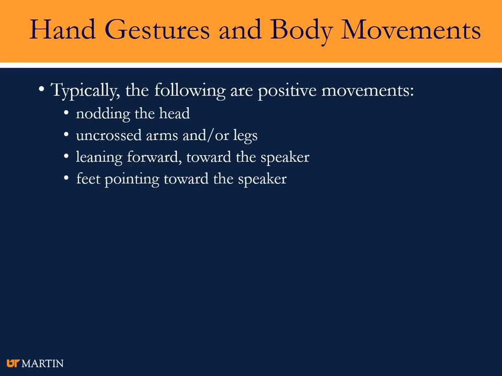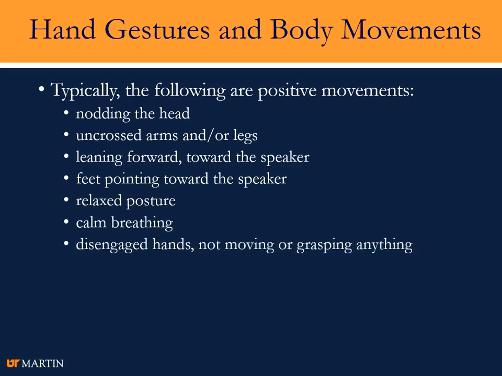Think about that the next time you're really engaged and you're standing up with someone, see if your feet are pointing directly toward them. Relaxed posture, calm breathing. When your hands are disengaged, so they're not moving or grabbing anything, they're not grabbing your elbows or scratching your head. And then, of course, making affirmative motions, nodding the head, or just generally smiling.